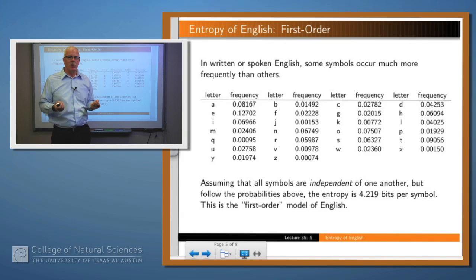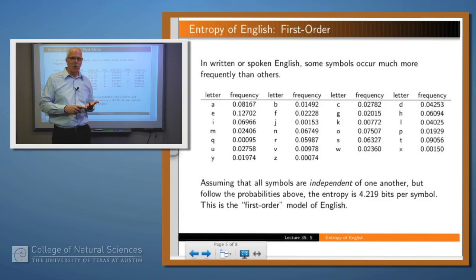What does that say? It means that if you look at a very large volume of English text, you can expect E to be pretty common. About 13% of the letters will be E. On the other hand, Z is much less than 1%. It's exactly what you would expect. If you plug these probabilities into our formula, you get an entropy of about 4.219 bits per symbol. This is the first-order model of English.